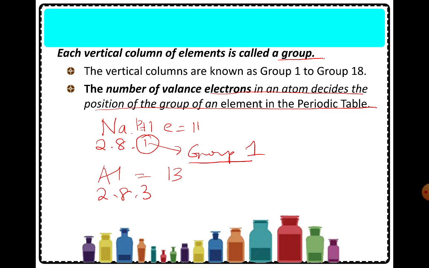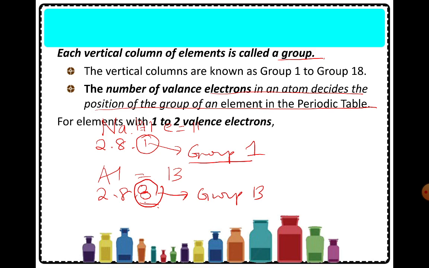If the number of valence electron is 3, dia bukan dalam group 3 lah, but the group is group 13. Start daripada 3, 4, 5, 6, 7, 8, dia jadi group dia berbeza 13, 14, 15, 16, 17, 18. Okay, so depend on the number of the valence electron.